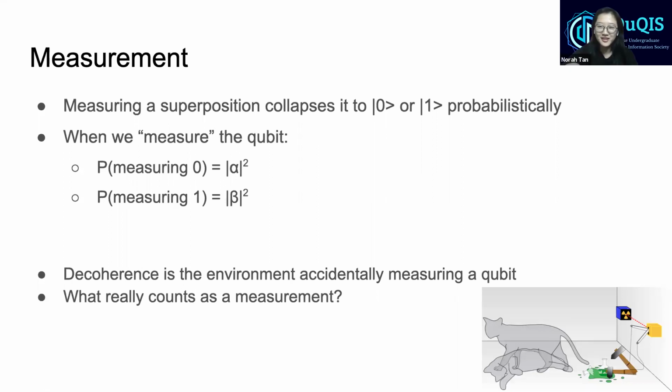Or is there any place that is probably unclear and you want us to repeat? Because when we get to entanglement, it is built on superposition. Everyone's cool? All right. Okay. That's good to know. We'll keep going.